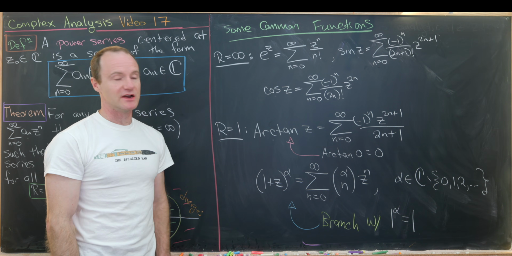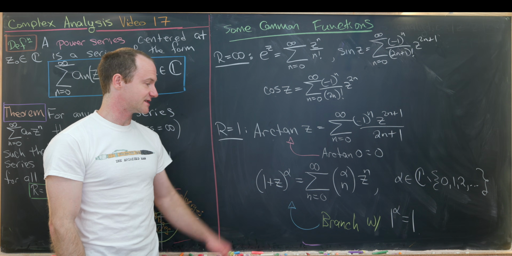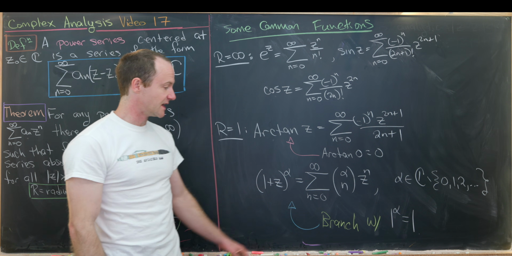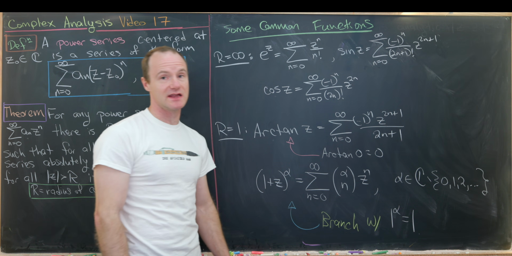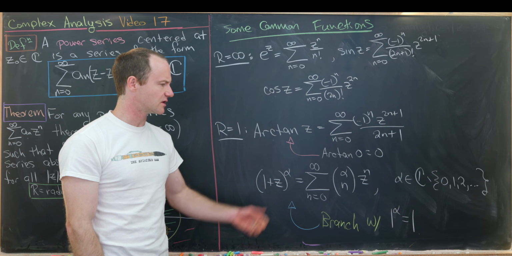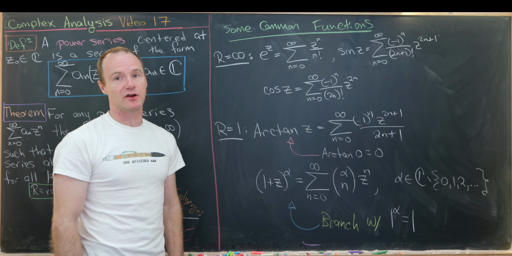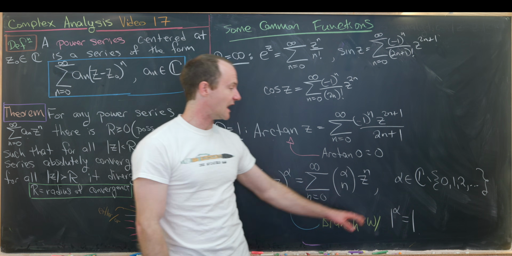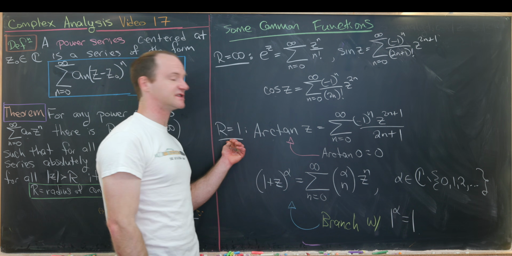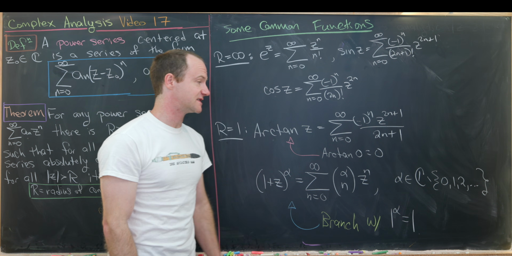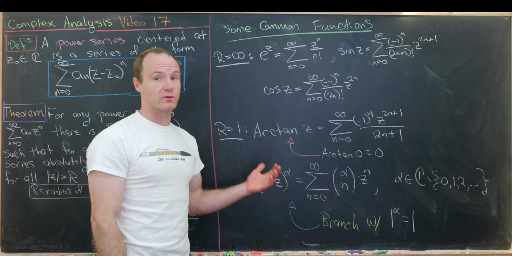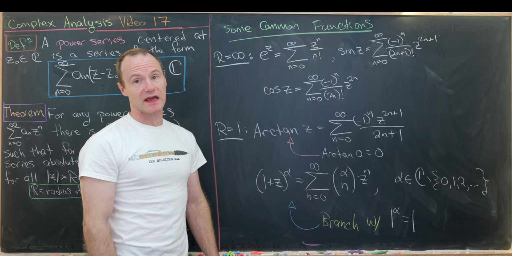Then next we've got a binomial expansion. So (1 plus z) to the alpha is the sum as n goes from 0 to infinity of alpha choose n, z to the n. So I think we looked at complex valued binomial coefficients earlier. And here, for the radius of convergence to be 1 and not infinite, we need alpha to be in the set C where we've removed the non-negative integers.